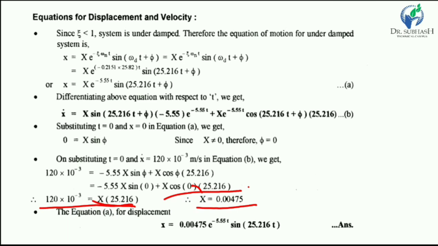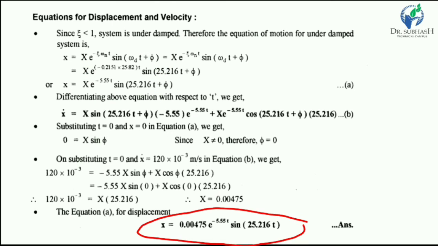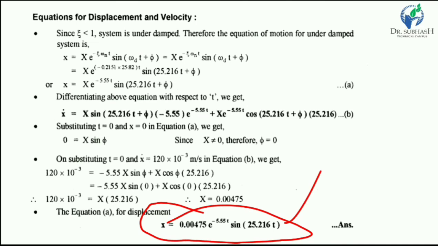Now we have both constants, 5 and capital X. So put them in this equation and only t is remaining. After putting the values of x and 5, the equation becomes as shown in the slide. And this is the equation of motion with respect to time.